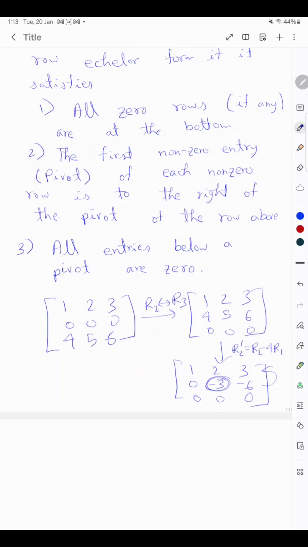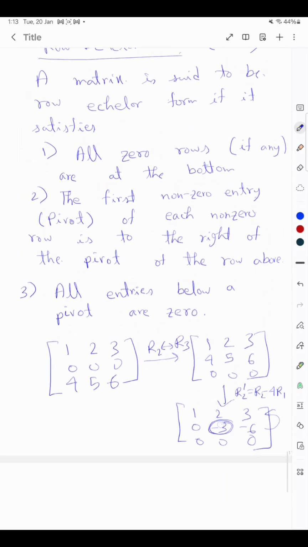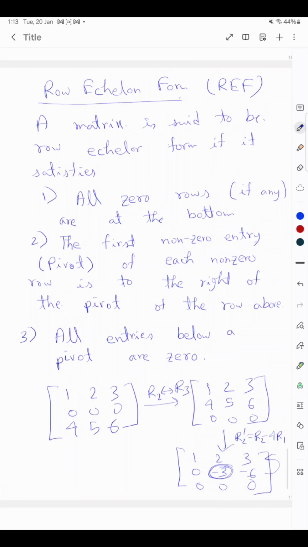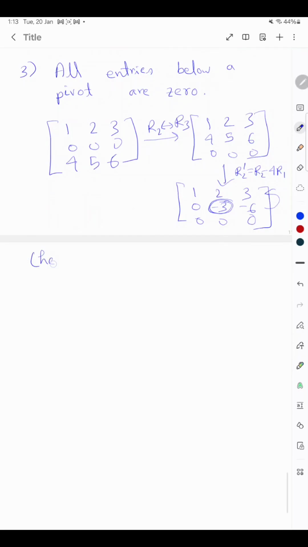Now I am writing some matrices, and we will discuss whether these matrices are in row echelon form, that is REF, or not. Check whether the following are REF or not.